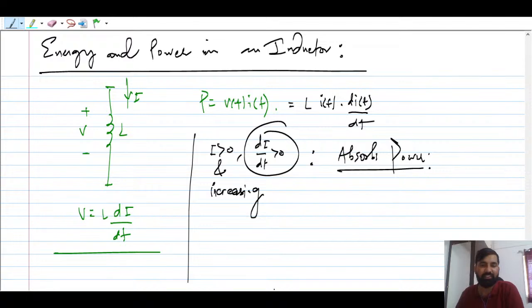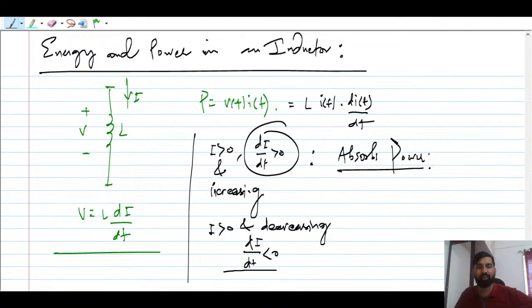Please remember this. And if current is greater than 0 and decreasing, mathematically, if any function is decreasing, the derivative, the slope, is going to be less than 0, and it will deliver the power.